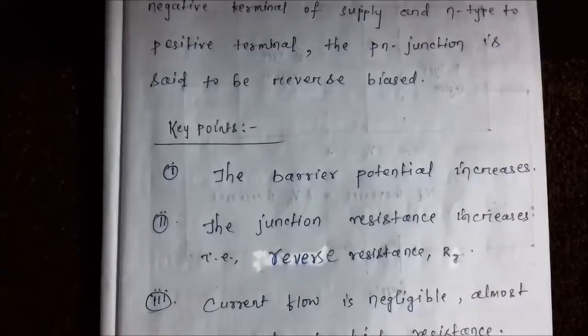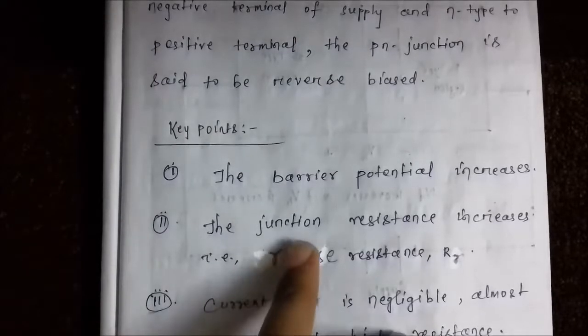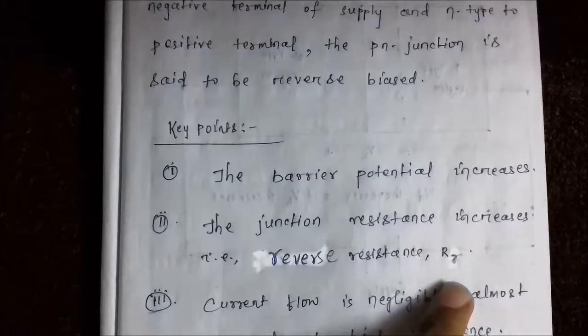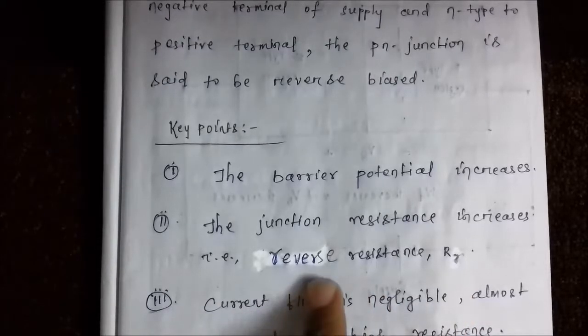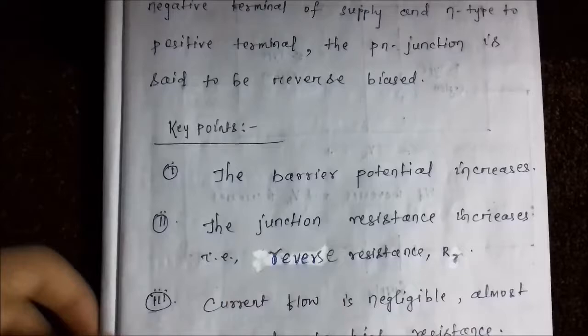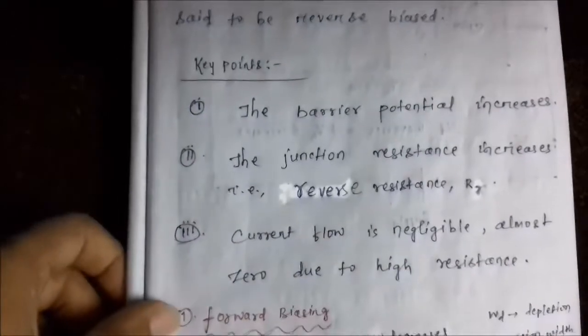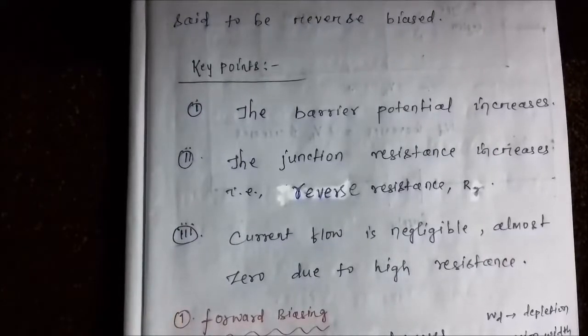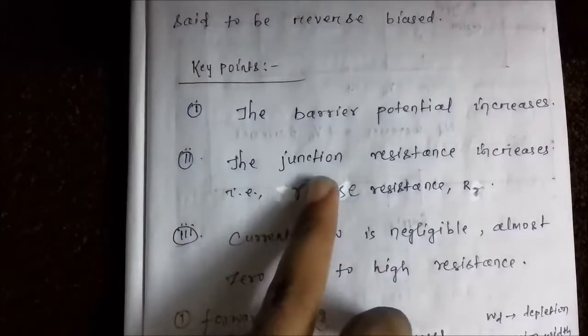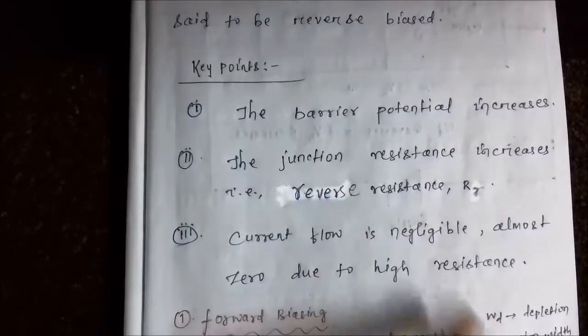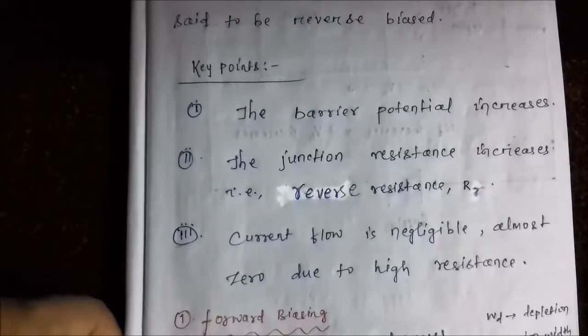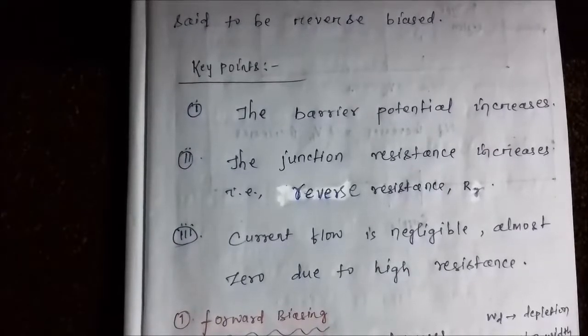In forward bias mode the junction resistance decreases, while in this case the junction resistance increases. The current flow in this case is negligible, almost zero, because of the high junction resistance. So there is no current flow in reverse bias mode.